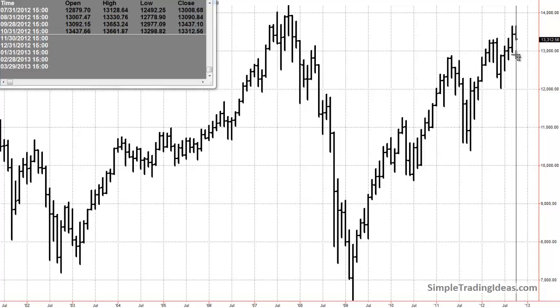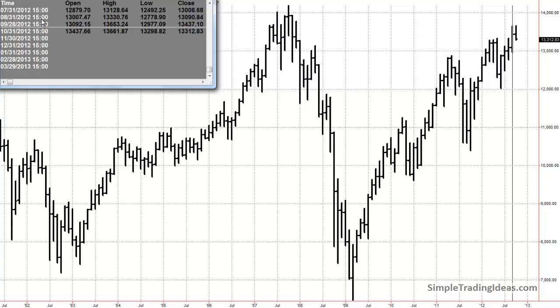Again, with this monthly chart, you can have weekly charts, daily charts, all constructed from this data, with the time period being variable, but the time itself on the x-axis and the prices themselves on the y-axis.